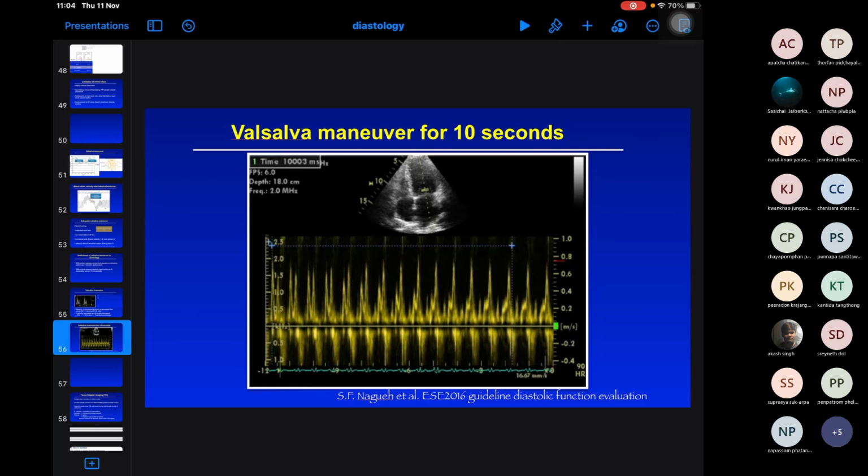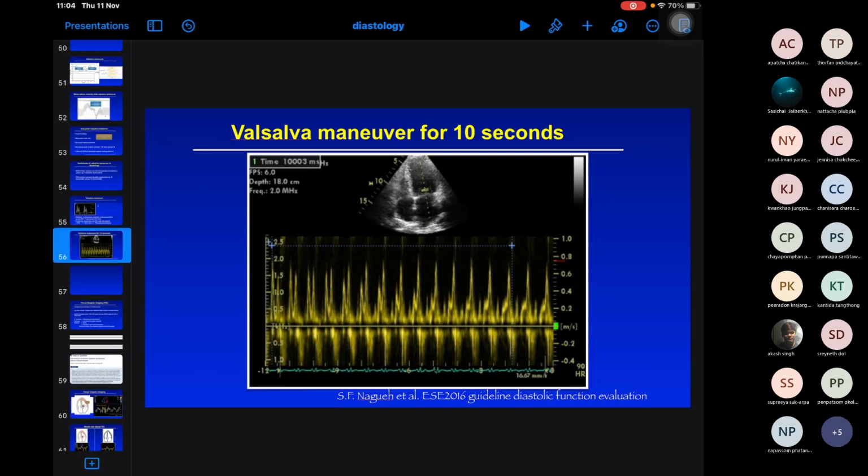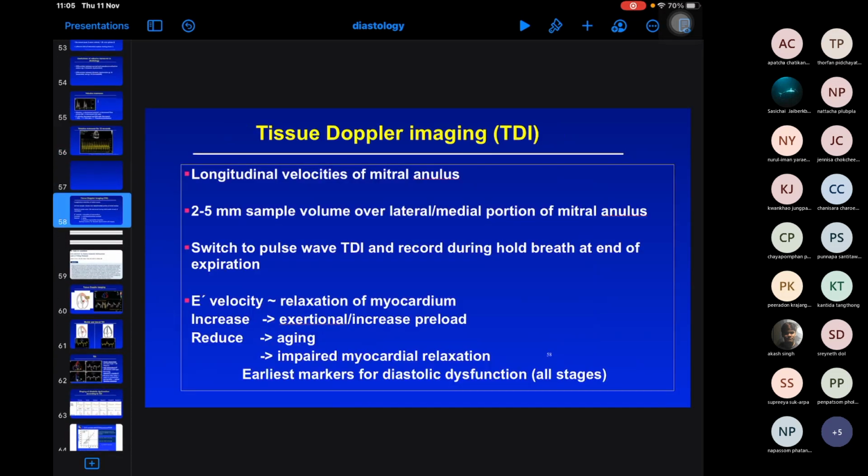But in the patient who has grade 2 diastolic dysfunction, the E wave is significantly decreased, mostly over 50%. This is used to separate grade 3 from grade 4.